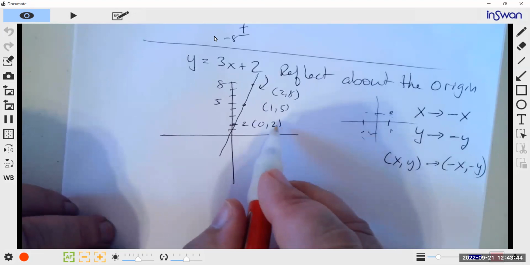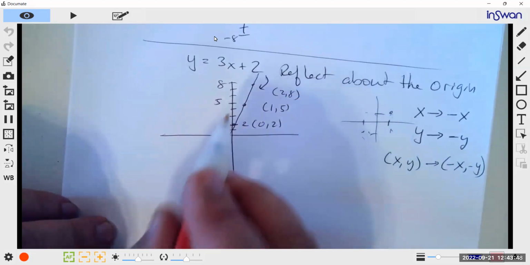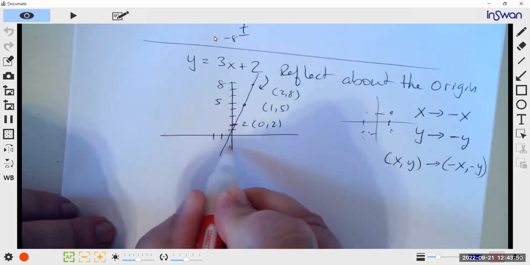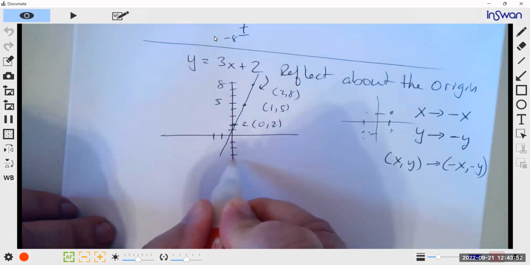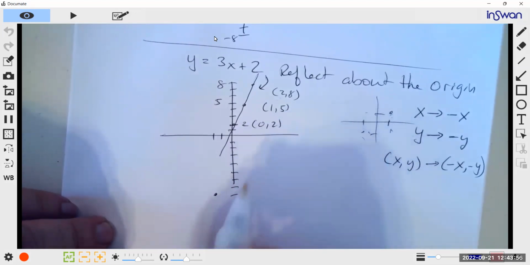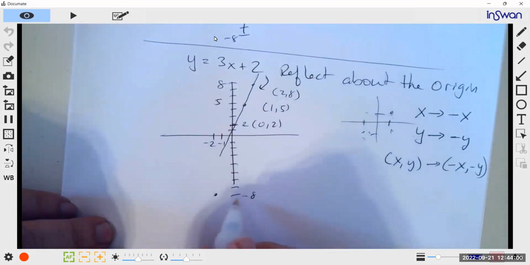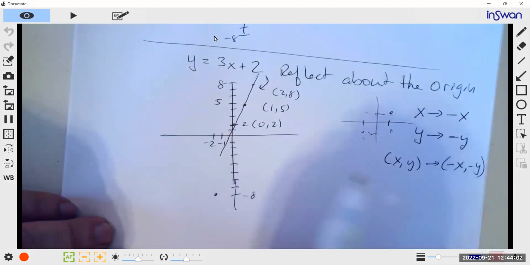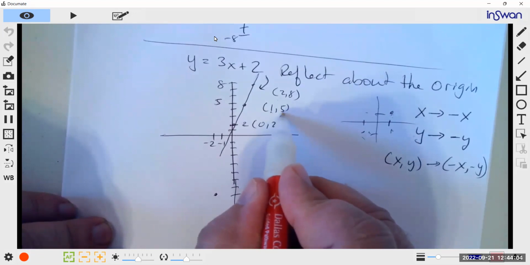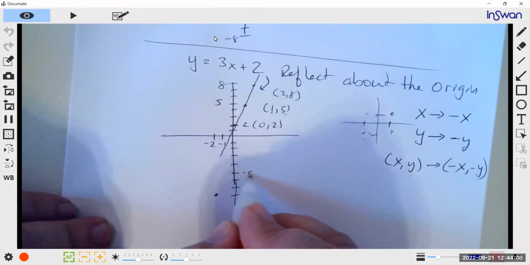So to flip across the origin, I have to now change the signs of both of these. I have to go to negative 2, negative 8. Then the next point, 1, 5 becomes negative 1, negative 5.